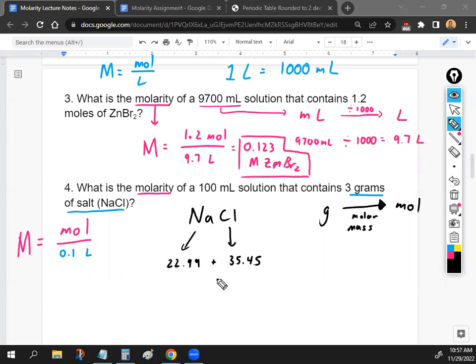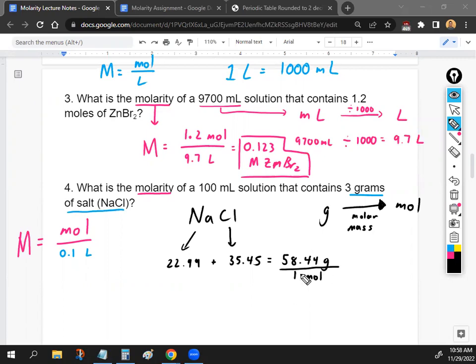Okay, and all we've got to do is add them up, and that will give us the molar mass of NaCl. And that should give us 58.44. And make sure you guys write it correctly. It has to be grams divided by 1 mole.